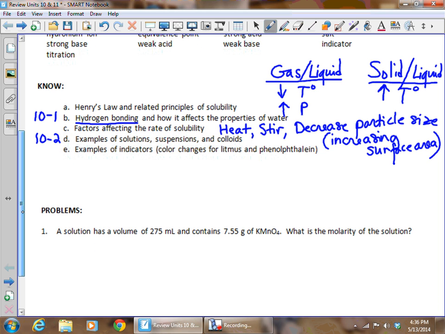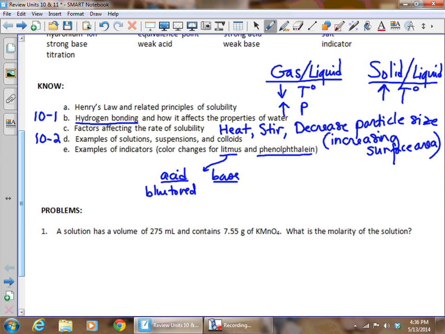As far as examples of indicators, the main two that I'm worried about are litmus and phenolphthalein. Litmus, if you're talking about an acid versus a base, an acid turns blue litmus to red.